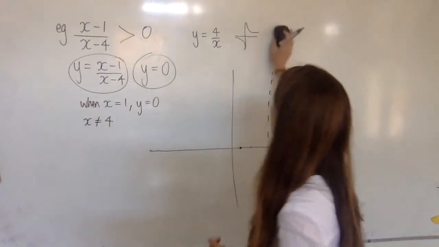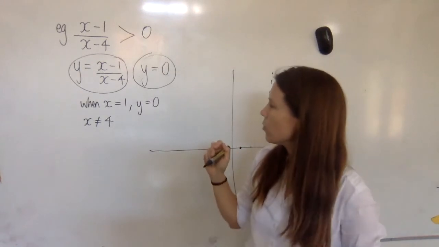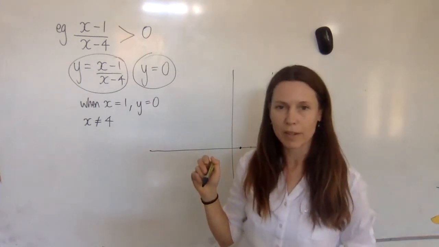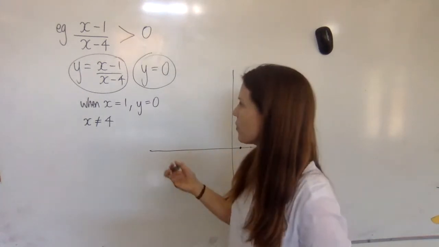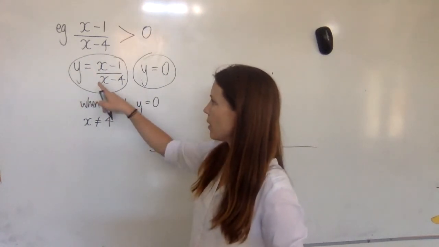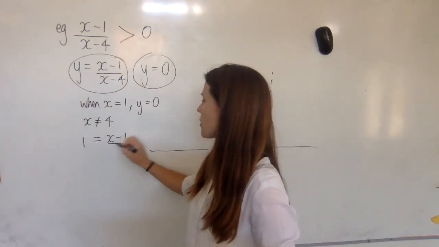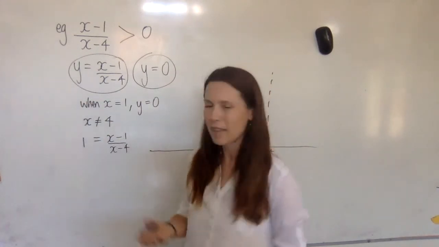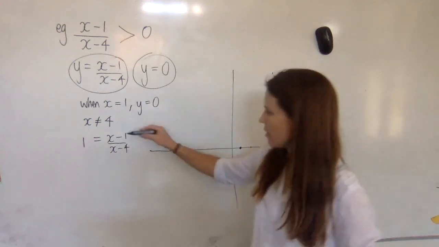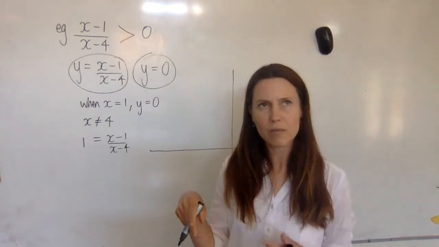Now, if we think through what y can't be, think about what would happen if y was 1. And again, we'll look at how to figure this out in future topics. If y was 1, then when I went to solve this and I said 1 was equal to this, can that happen? Can this divided by this be equal to 1? Well, no. Anything divided by itself is equal to 1.